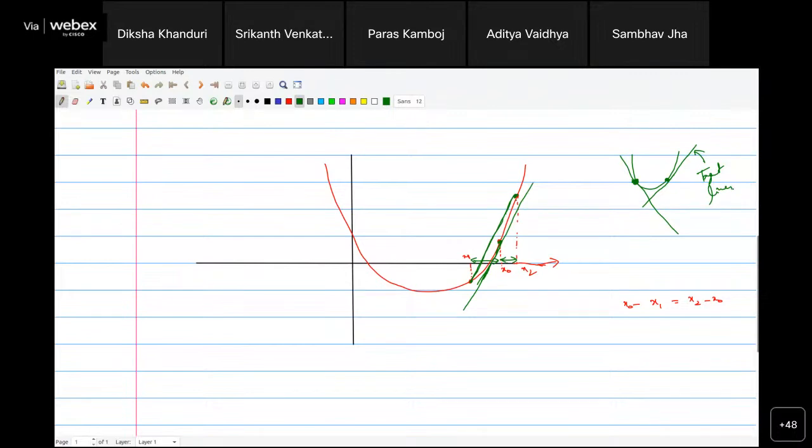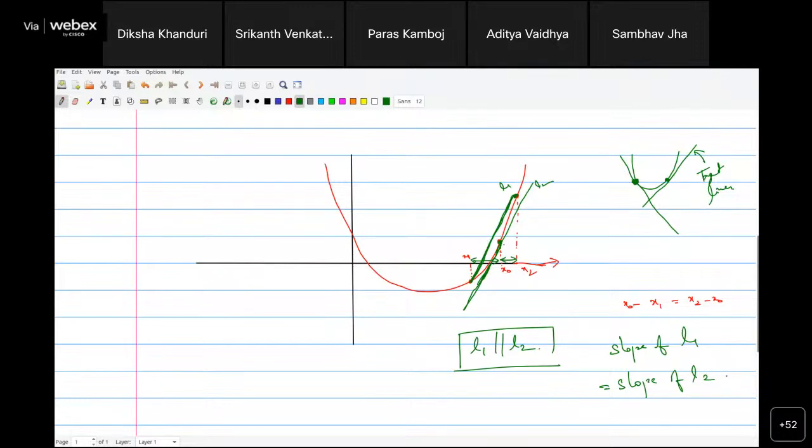What we can see is that the line we have drawn from this point to this point will be parallel to the tangent line that touches x naught. So if I say L1 and L2, L1 is parallel to L2, and the slope of L1 will be equal to the slope of L2. This is the property of parallel lines, right? Correct?